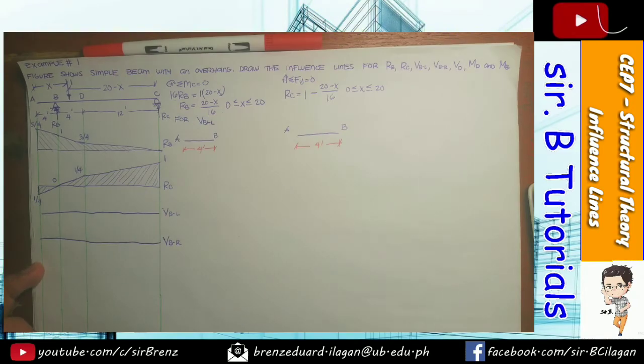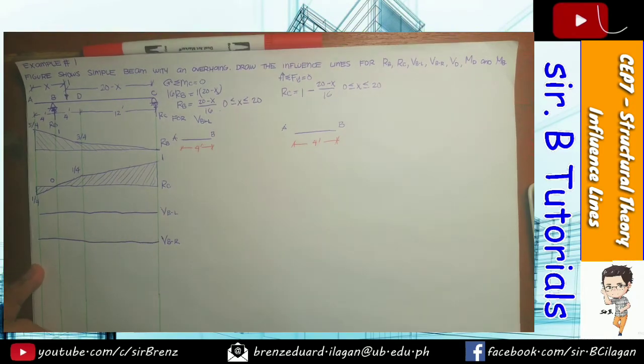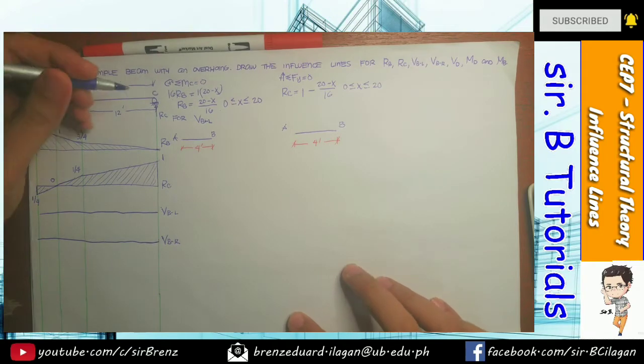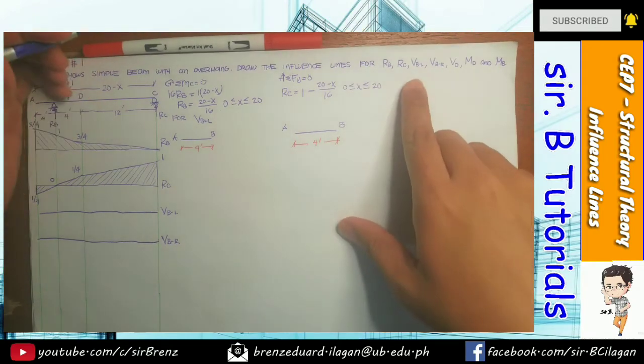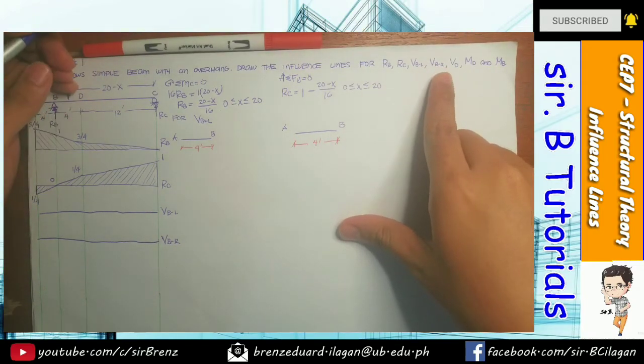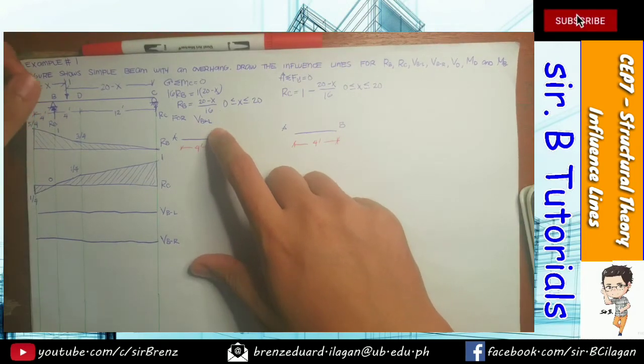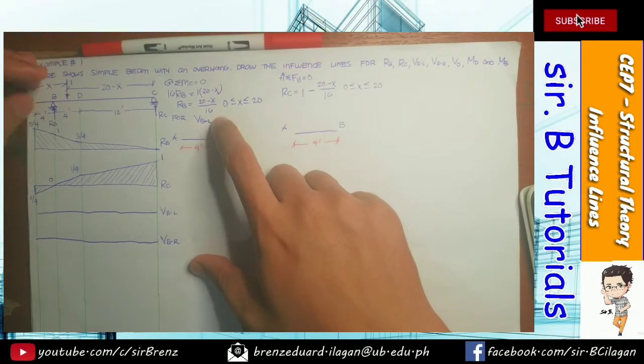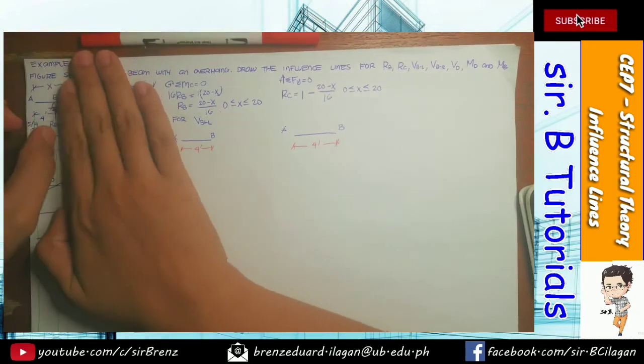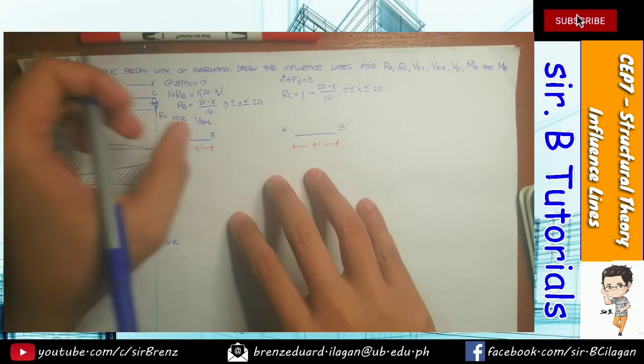Okay, so this time, we will now make the shear B left and shear B right. So, unahin muna natin yung shear B left. So, ang gagawin nyo guys dyan is parang magsesection ka lang dito. So, puputol ka dito, section, isolate mo dito.